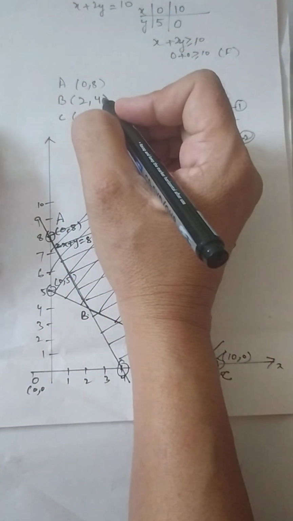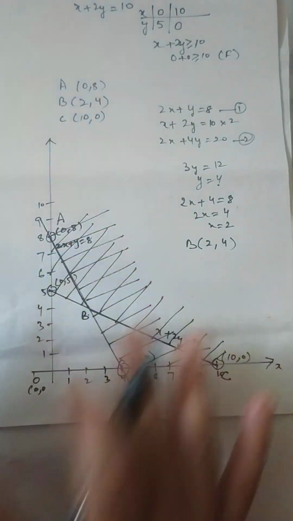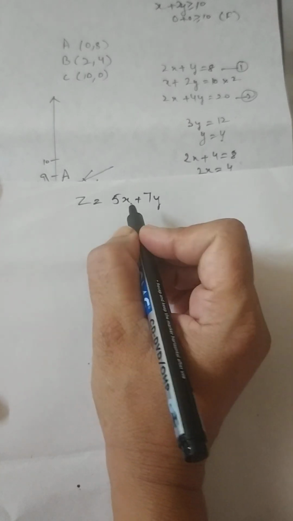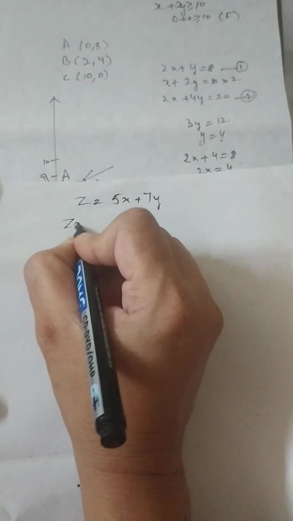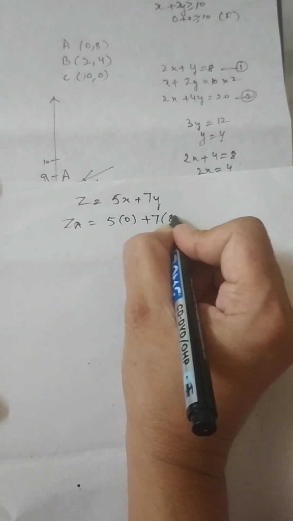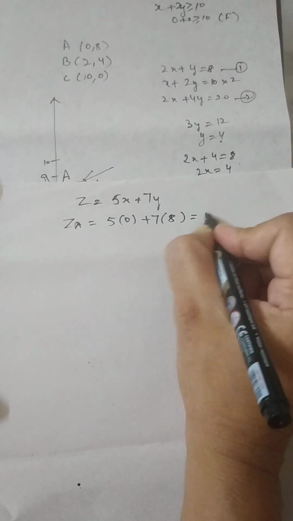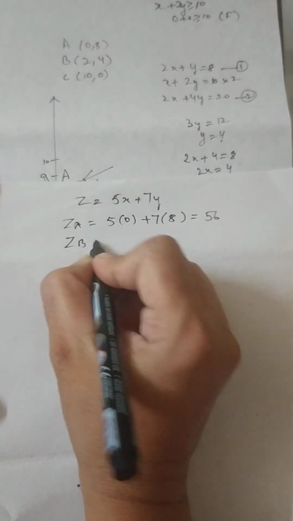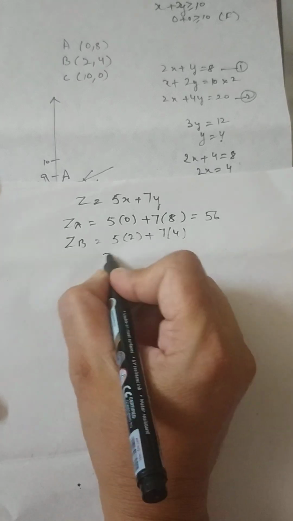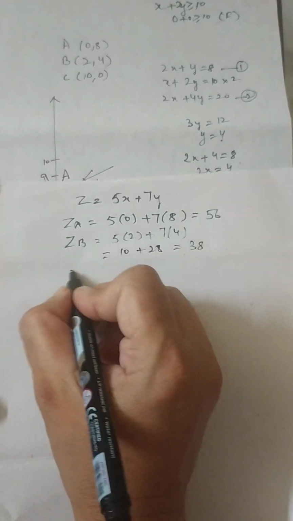Now at these corner points we have to find the value of z. Let us find the value of z at point A. This is 5 into 0 plus 7 into 8, which is equal to 56. Z at B is 5 into 2 plus 7 into 4, so 10 plus 28, this is 38.